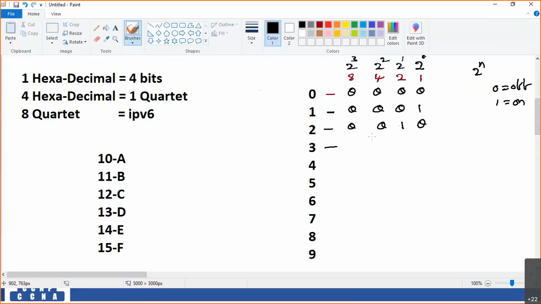What about 3? 2 plus 1 is 3, so 0011. 4 is 0100. What about 5? 4 plus 1 is 5, so 0101. 6 is 4 plus 2, so 0110.